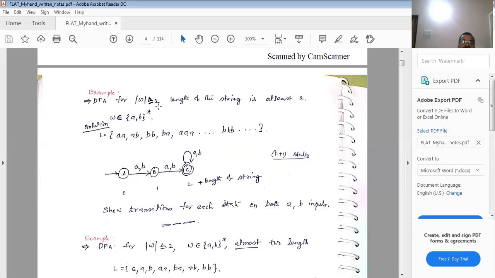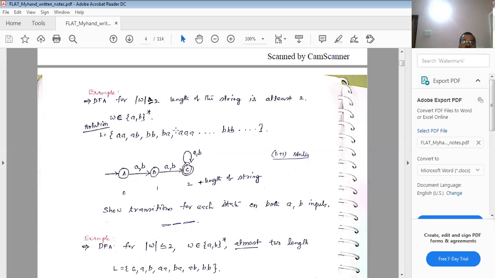DFA for accepting strings of length at least two. Understand it? Strings of length at least two means two and above, right? That means |w| is greater than or equal to two. So such a language L can be AA, AB, BA, BB, up to the previous problem.